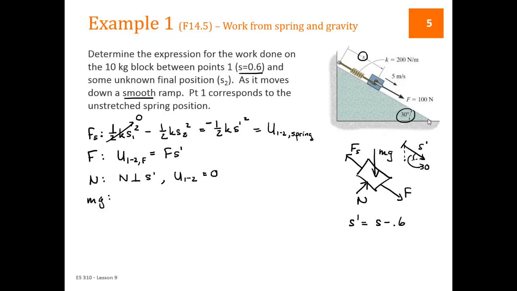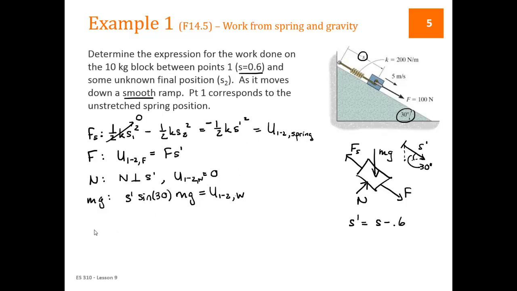Same as up here. So what we want is this side, right? That's the side parallel. So the vertical side is the side parallel to mg. And the length of that side is S prime times opposite, sine of 30. And the force then is mg, and that's equal to work from 1 to 2 due to the weight.